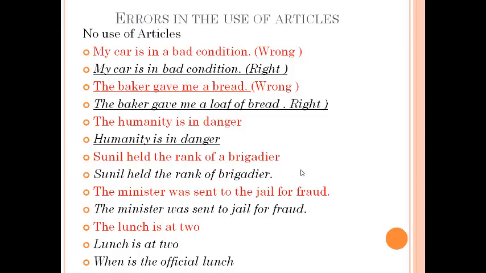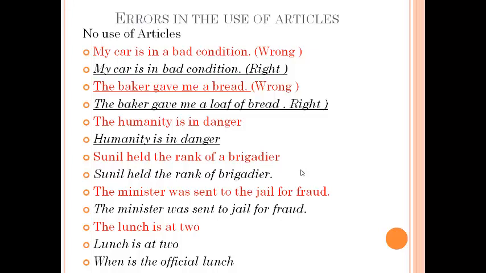So a and an are used only before countable nouns. The first example, my car is in bad condition, is right, not a bad condition. And the second example, the baker gave me a bread, is wrong. We should say the baker gave me a loaf of bread. That is the right one.